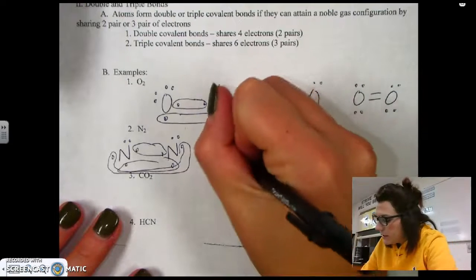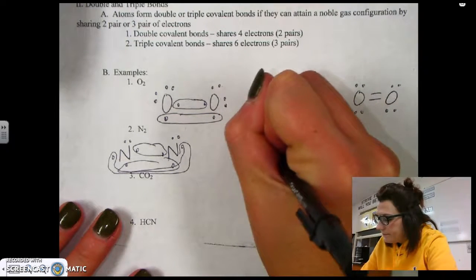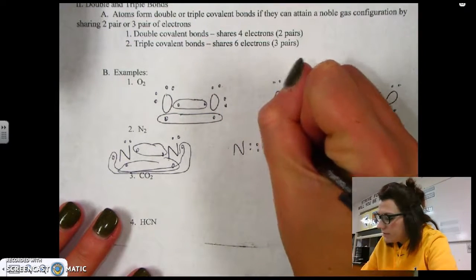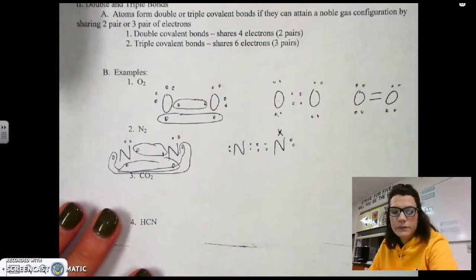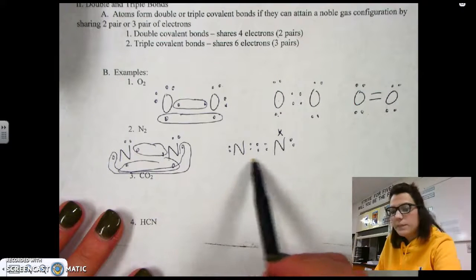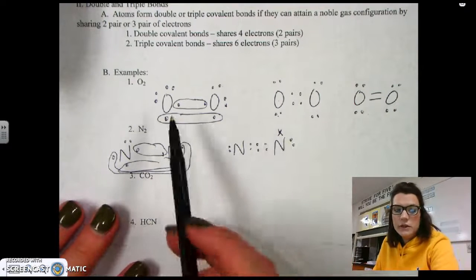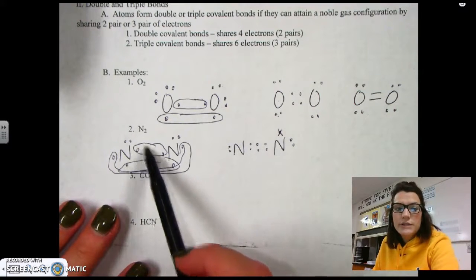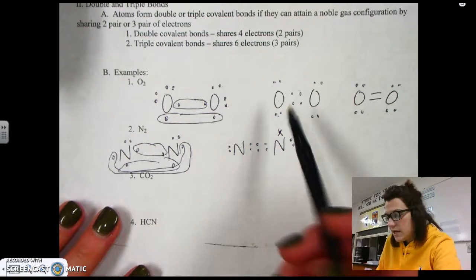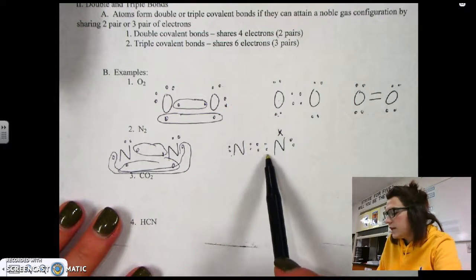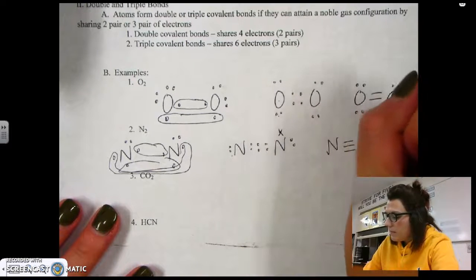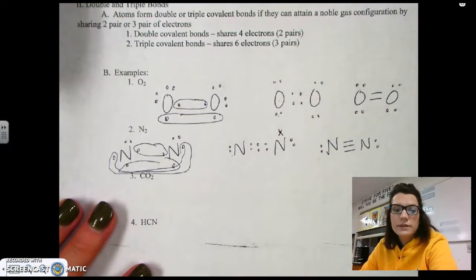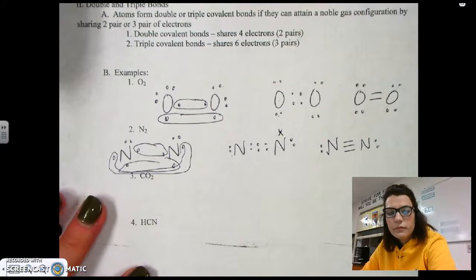So it'll look something like this. Nitrogen sharing 3 electrons with another nitrogen, okay? So nitrogen triply bonded to nitrogen, and I need to make sure. So I started with 10 electrons, so I should end with 10. So 2, 4, 6, 8, 10 electrons, and then I can make my structure with lines like so, okay?